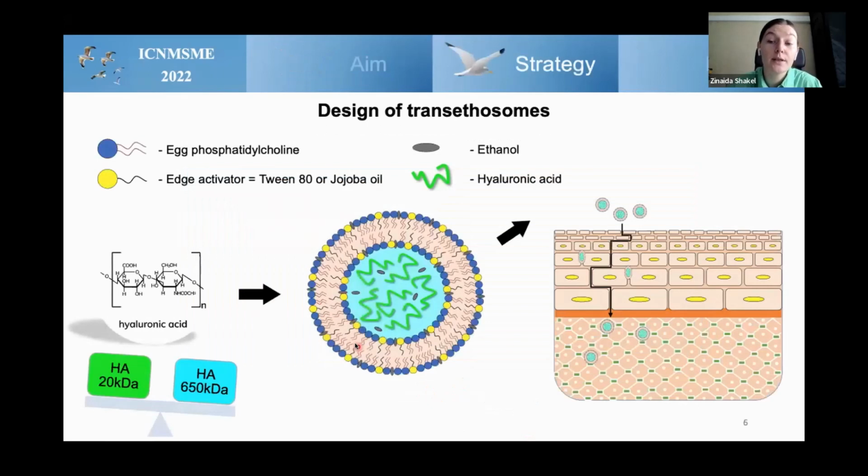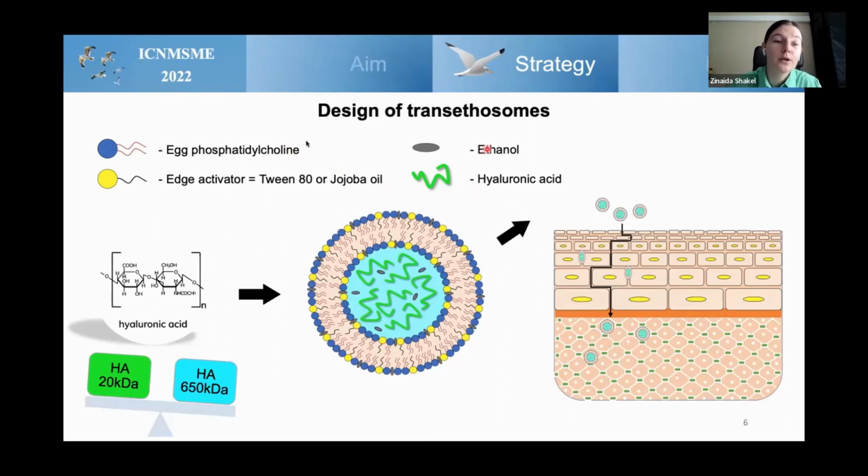That's why we decided to load hyaluronic acid in a specific type of liposomes. Liposomes are formed mainly by lipids. In our case, it's egg phosphatidylcholine, which has a polar head and lipophilic tail, which form a bilayer structure. Our transethosome is a type of liposome, but we want to make it more deformable.